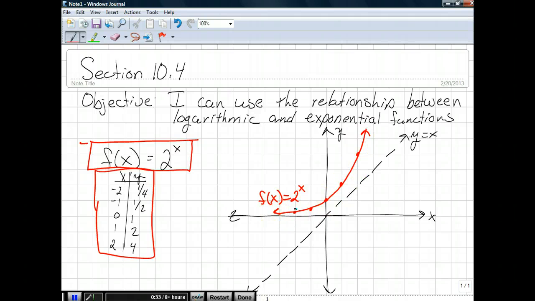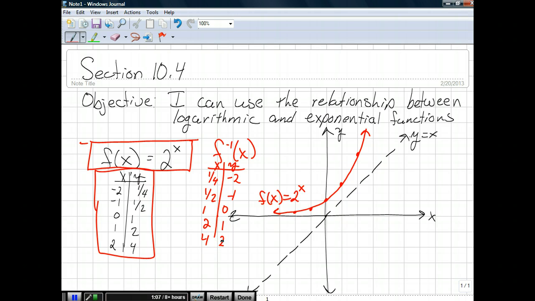Well, since this graph passes the horizontal line test, we know that there has to be an inverse of this function. And so we know that by switching the ordered pairs, f inverse of x has to have the ordered pairs 1/4, -2; 1/2, -1; 1, 0; 2, 1; and 4, 2.